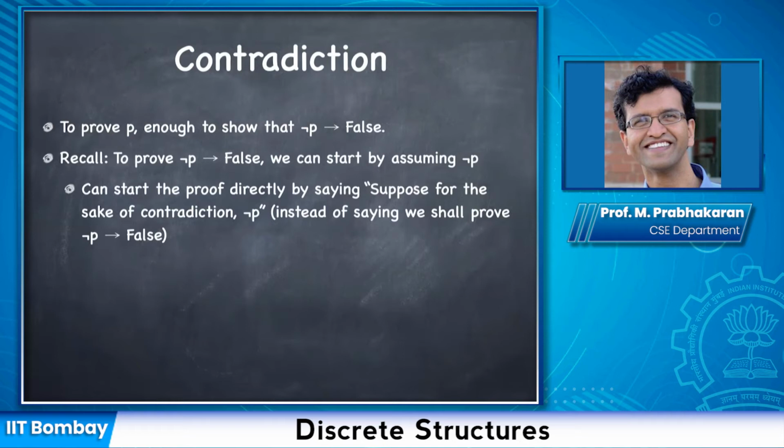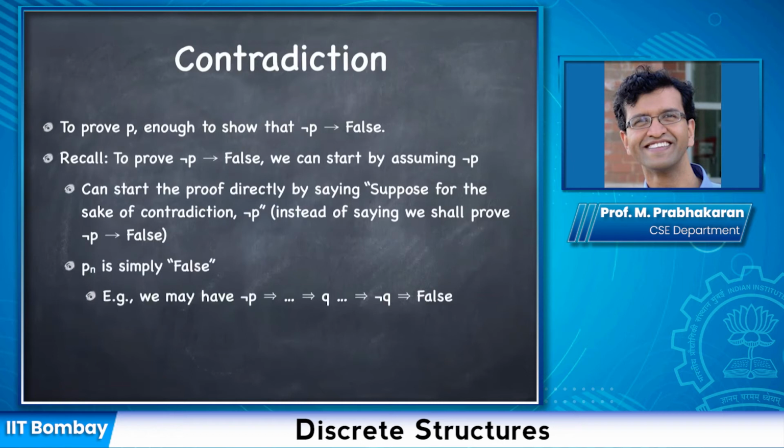You would say, suppose for the sake of contradiction not P. Instead of saying, we shall prove not P implies false, and for that, suppose not P, you just combine that into saying, suppose for the sake of contradiction not P. It's the same thing. At the end of it, you have supposed not P, and now your goal is to go ahead and prove false.